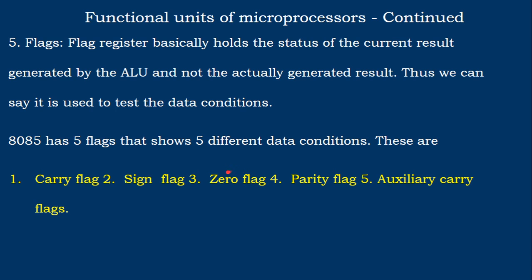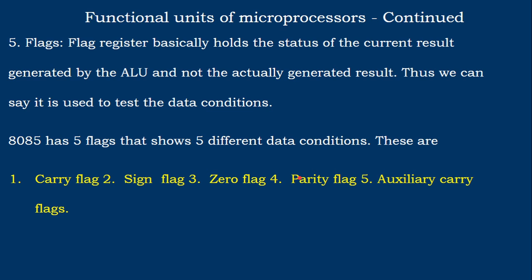This is used when we are using a counter. When we start the countdown, we start from the highest number and we repeat the operation till 0 is reached. That time we use the zero flag, to say whether 0 is achieved or not. And then the parity flag is an important flag which helps in the checking of the data.